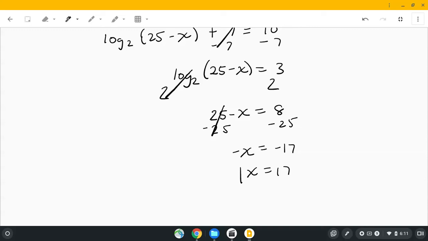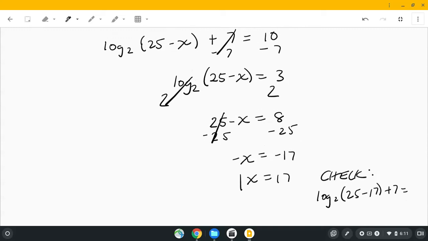Oh, not going to box it just yet. Habit, right? So log base 2 of 25 minus 17, plus 7. Does that equal 10?